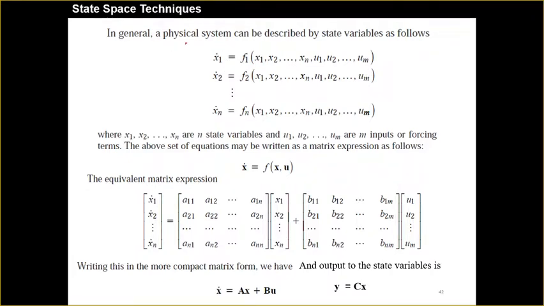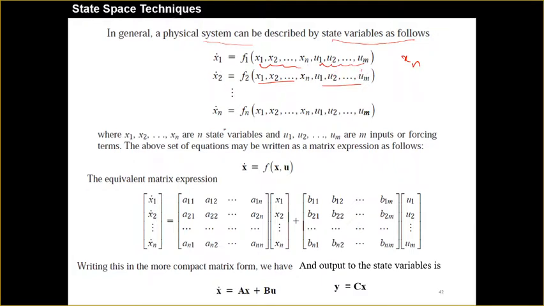In general, a physical system is described by the state variables as follows. x1 dot is equal to this. Sorry, this is the state side, x1 to xn, and this one is the input side, right? This is the state and input. So the number of x variables is n, and the number of input variables is m.